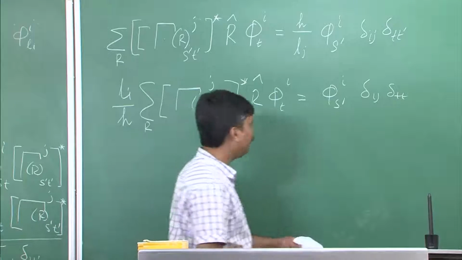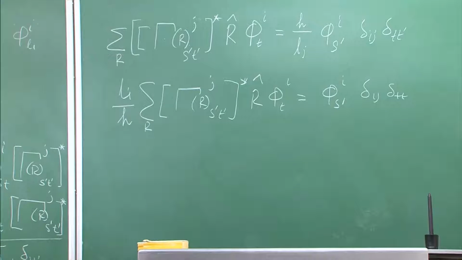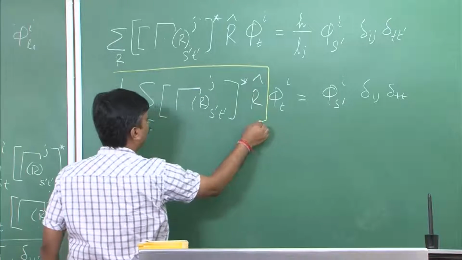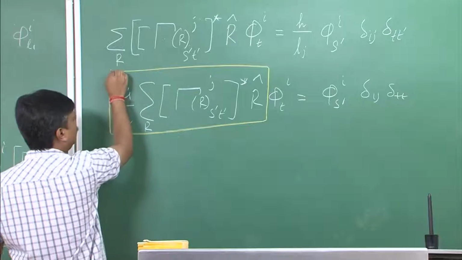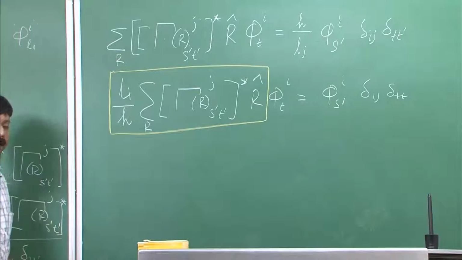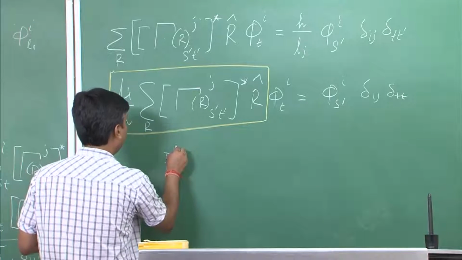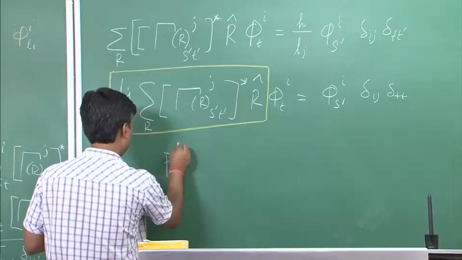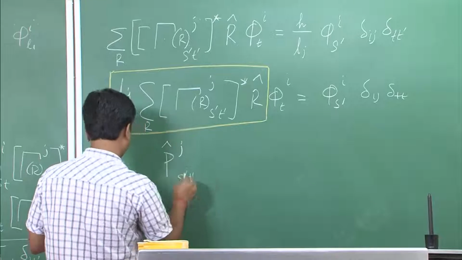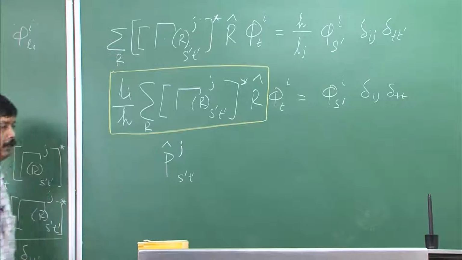So this part of the left hand side is known as the projection operator, and this is abbreviated as P of s prime t prime for the jth irreducible representation.